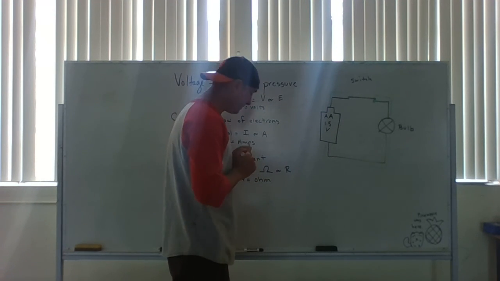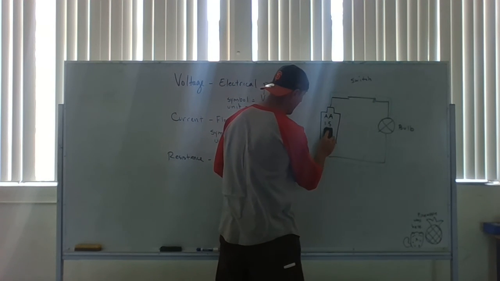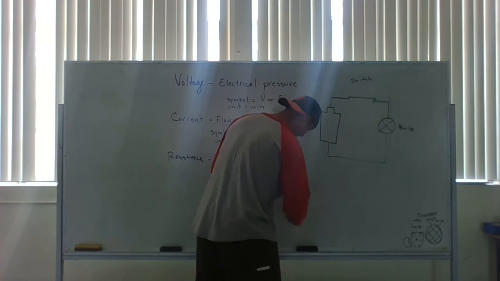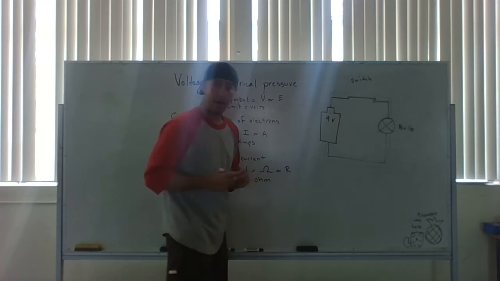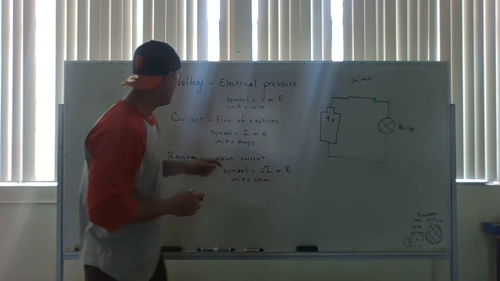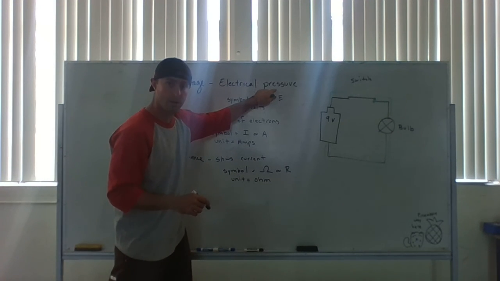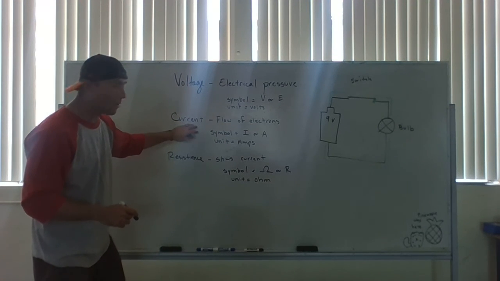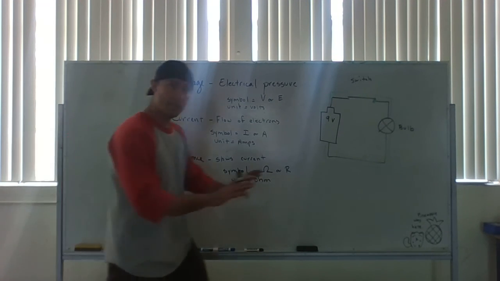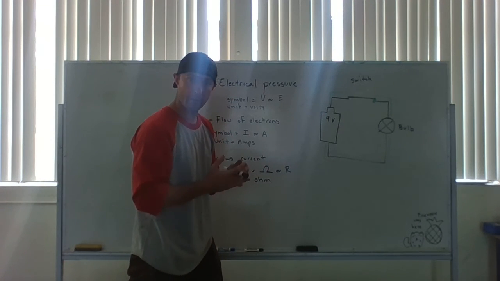Now, let's say in this example, I changed this battery and I put a 9-volt battery. All right. So now I've increased my voltage. I've increased my electrical pressure. So now I can push more electrons through this circuit. I can push more because I have more pressure there.